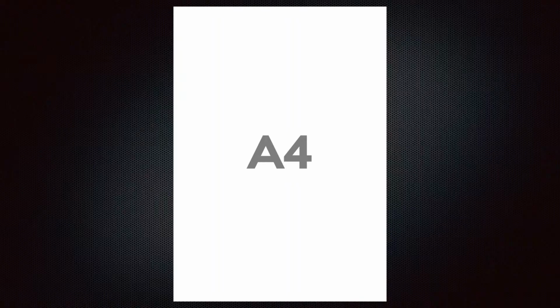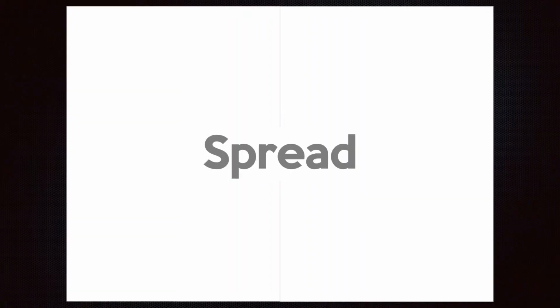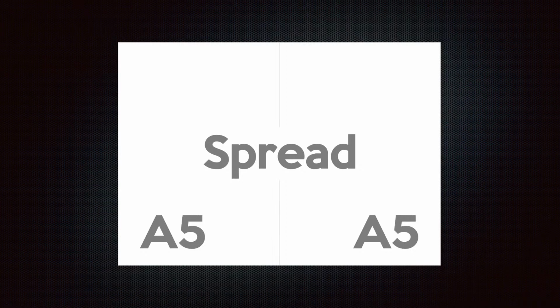In Affinity Publisher, in addition to pages, there is another term that relates to pages, and that is spreads. Now, a spread is 2 or more pages, usually 2 to be honest. And if you're working with A4, it'll be the width of 2 A4s and the height of 2 A4s. If you're working with A5, then it will be 2 A5s, and that is a spread.